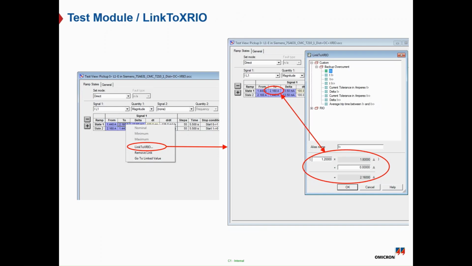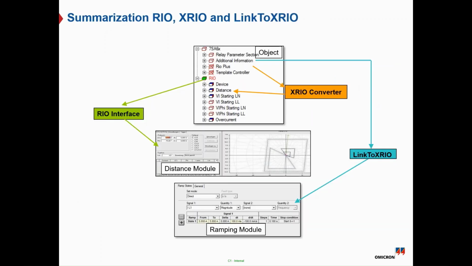And as you can see, you can link the injected values in the general module with the relay parameter setting by the link to XRIO technology, and no need to start from scratch or start with a blank sheet of paper. All the changed parameter settings will be automatically adapted to the test points to be easily used after that.